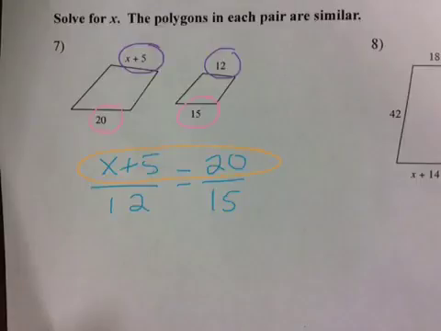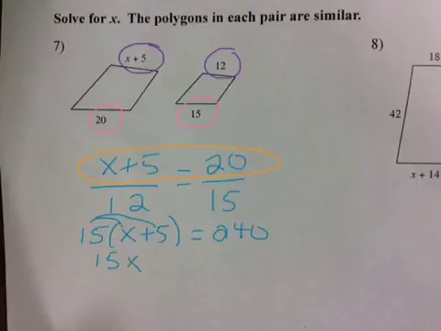So these both come from the same figure. All right, now I'm going to keep working. So I'm going to cross multiply. So I have 15 times x plus 5 equals 20 times 12, which is 240. Now I've got to distribute.